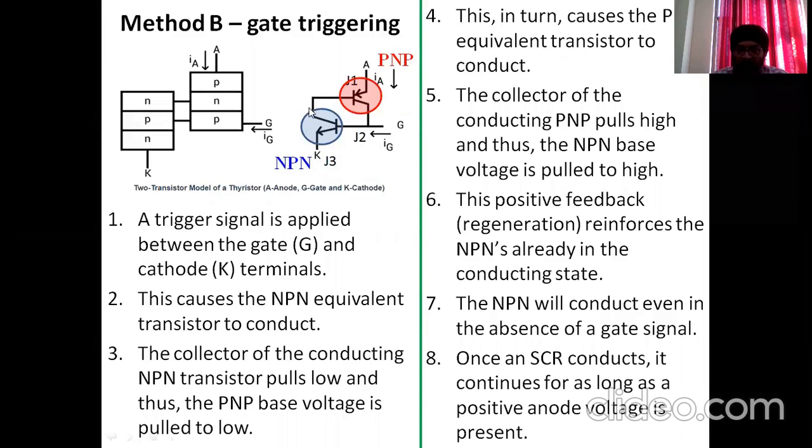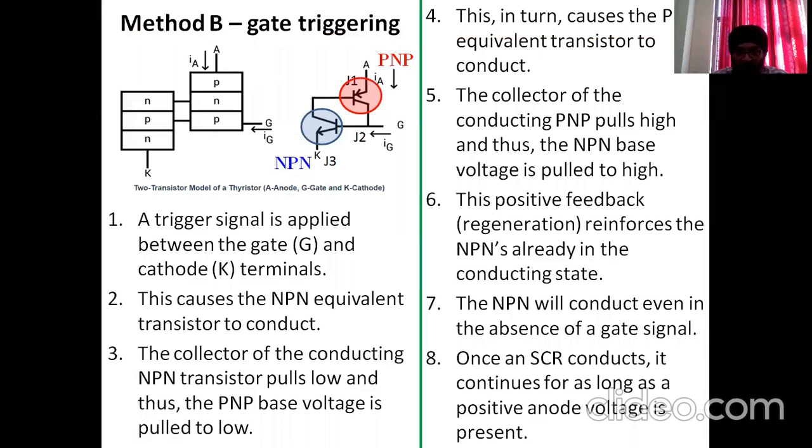So due to the collector current flowing in this NPN transistor, which is conducting now, this base current is now flowing in the PNP and it starts to conduct. Now the collector of this PNP transistor, the upper one, is connected to the positive terminal of the anode. So it is pulled high, connected to a large positive value at the anode.